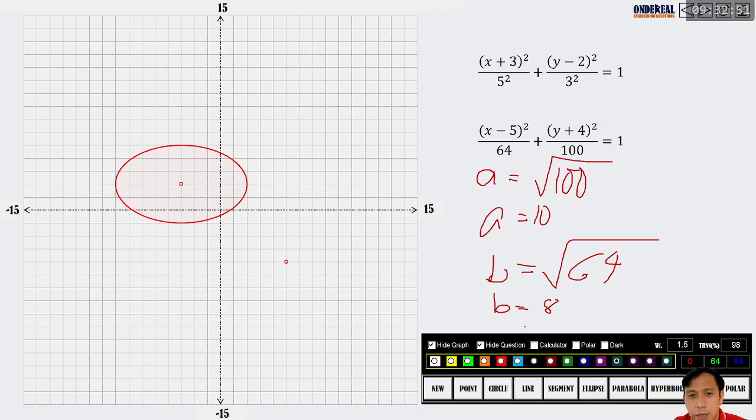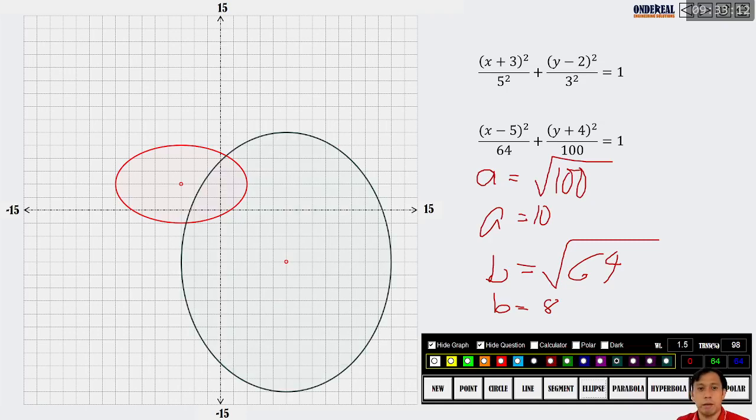It's an ellipse with center h equal to 5, then negative 4. Then A is 10 units. B is 8. And ito, this should be along Y, no? Wala siya. Wala ang graph niya, no?